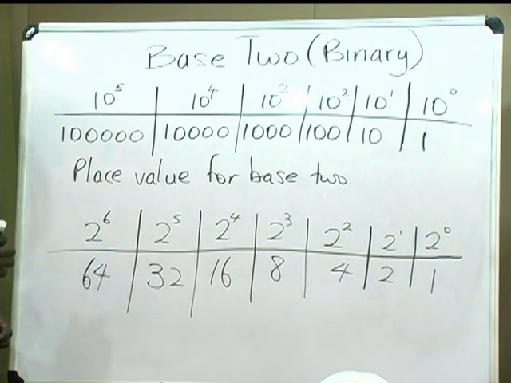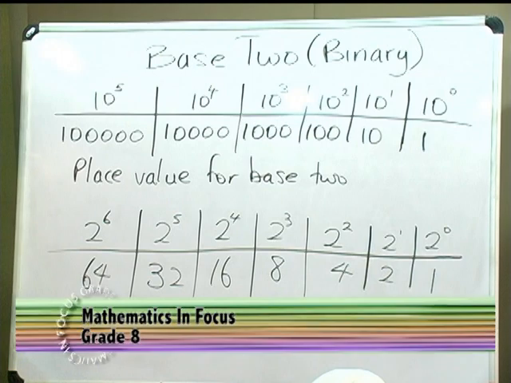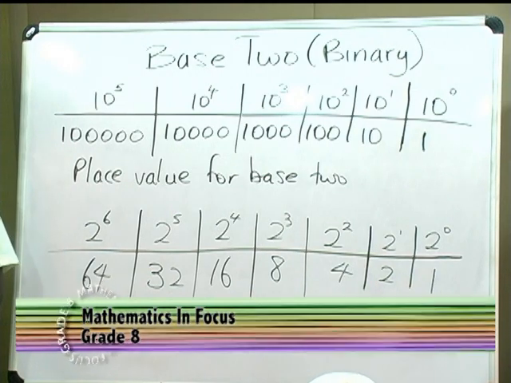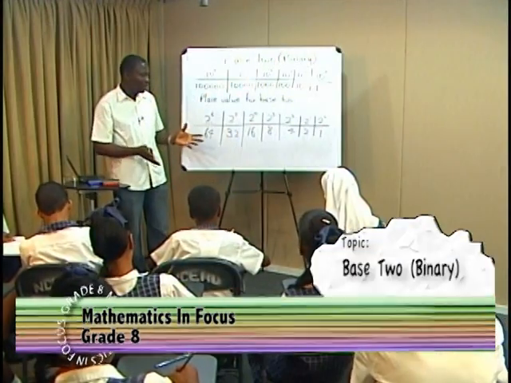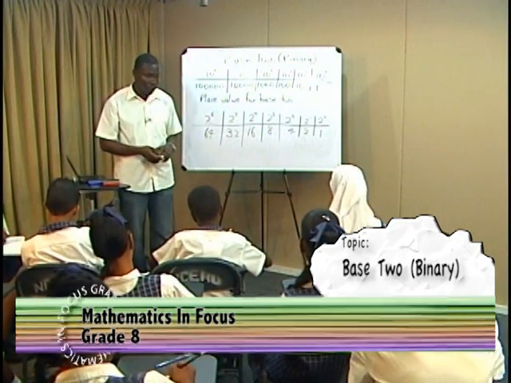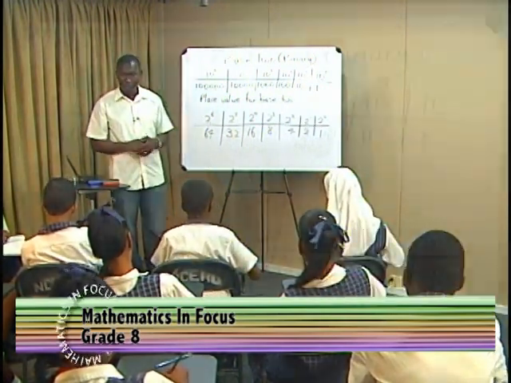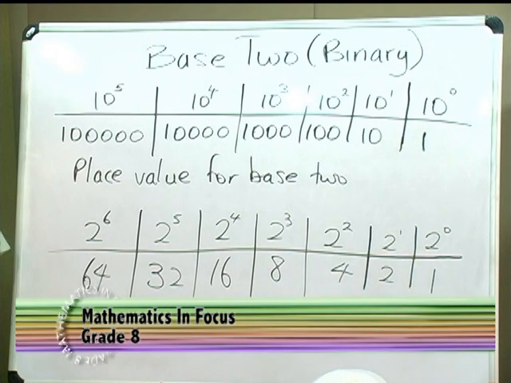But of course, we can keep going on. We don't have to stop here. So this is how we identify the place value in the base 2 system. So now we're going to look at base 2 numbers, and we're going to see how we can express a number which is written in base 2, or a number which is written in base 10 as a base 2 number.